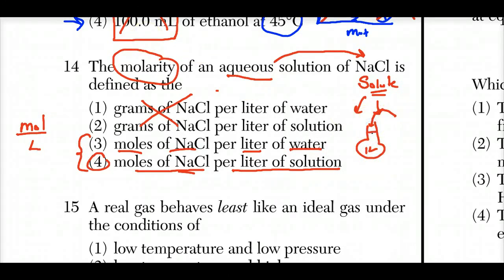If we do, because of Archimedes' principle and displacement, this solution will become greater than a liter. So we actually make molar solutions by adding the solid first, adding some water to dissolve it, and then once we dissolve it, adding water to the liter mark. So it's liter of solution. Choice 4 is the answer.